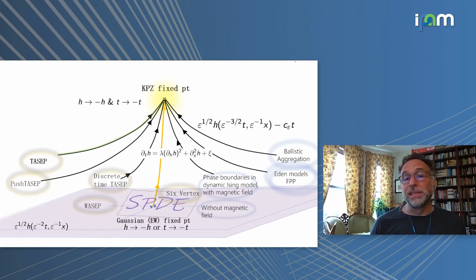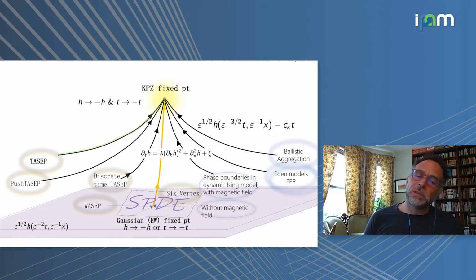The universe has another fixed point, which is the Gaussian or Edwards-Wilkinson fixed point, and models which are symmetric, like phase boundaries of the dynamic Ising model without a magnetic field, where there's no phase which is stable versus an unstable phase. So the boundary between them is just fluctuating back and forth.